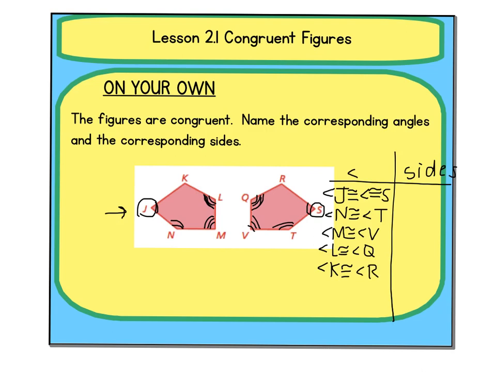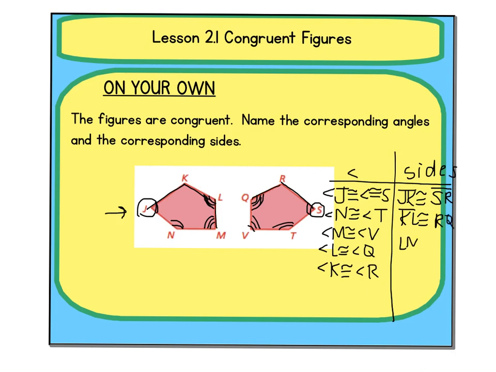So if I went to list the sides, I'm going to just go through on this first triangle. Side JK is congruent to SR. KL is congruent to RQ.